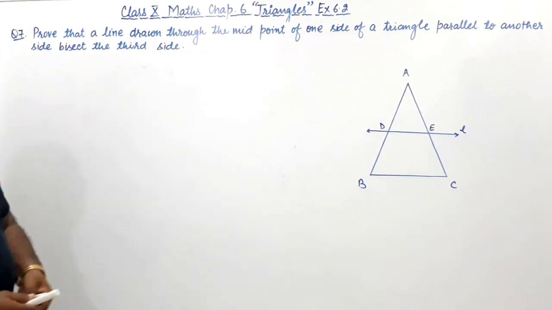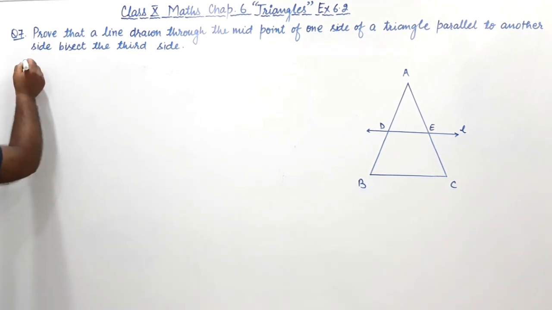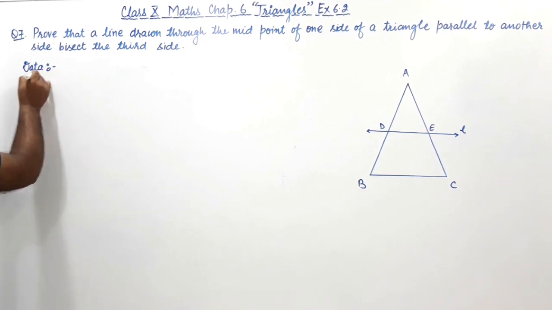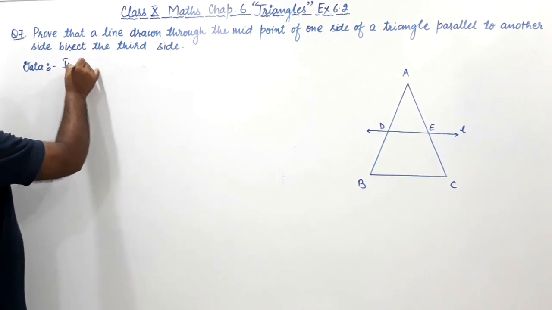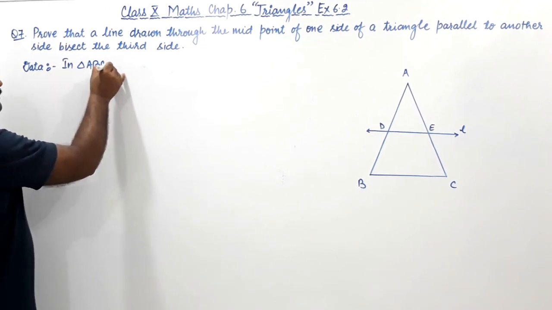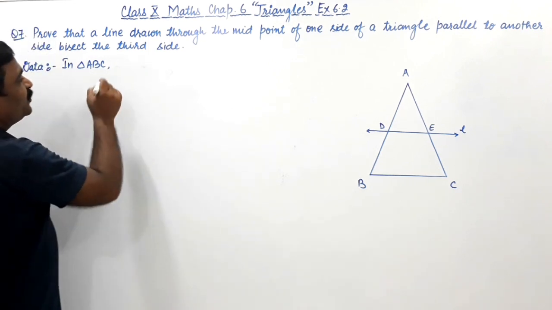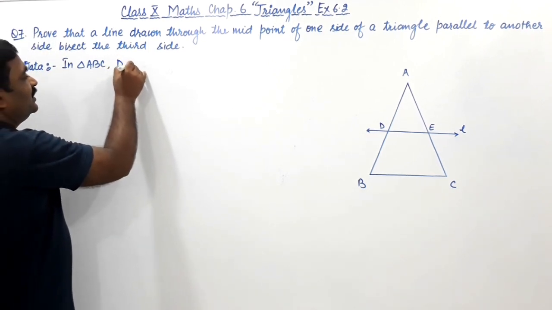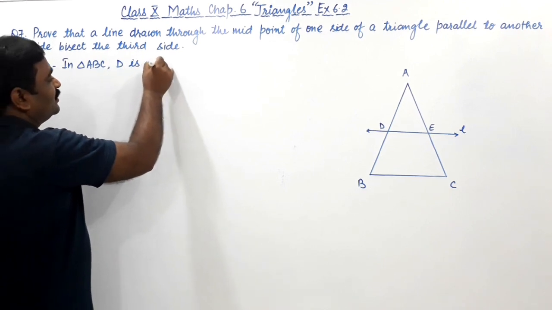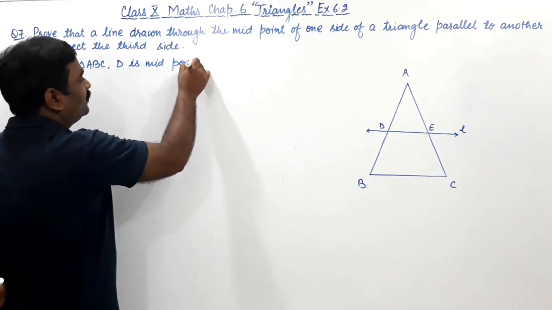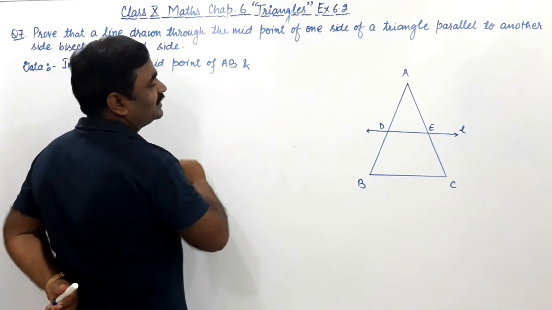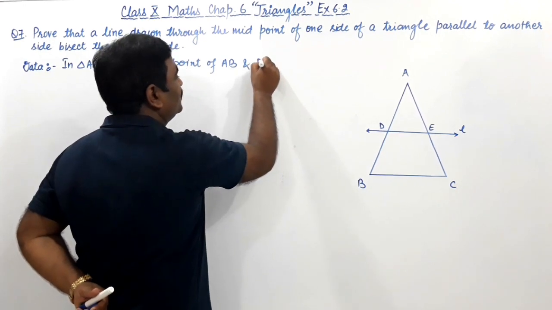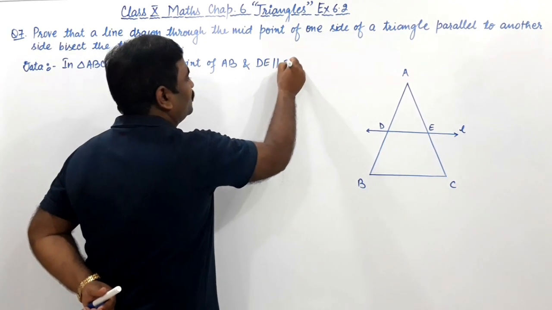So the data which is given, we have to write. Given that in triangle ABC, D is the midpoint of AB, and DE is parallel to BC.